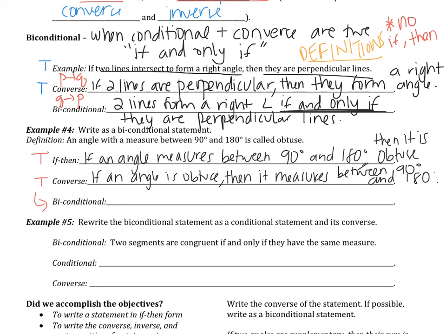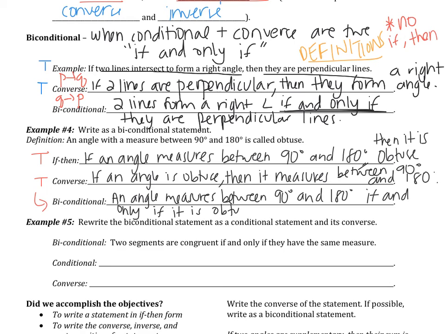So let's do the biconditional. An angle measures between 90 degrees and 180 degrees if and only if it is obtuse.